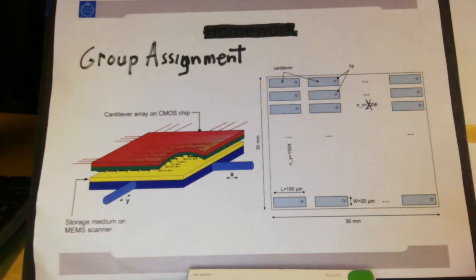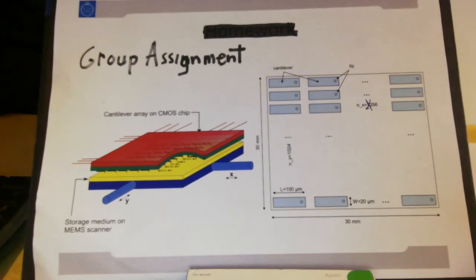In your home assignment, there's also a link to the Wikipedia site on Millipede, where it is explained how the Millipede system of IBM works. And the question for you now is to design a similar system, not the same system, a similar system. Basically, there's a number of givens in this system.